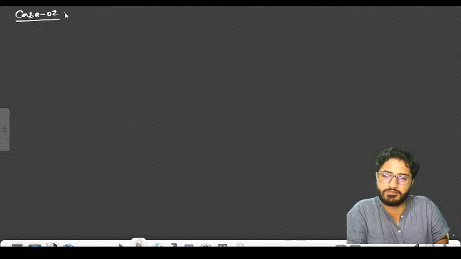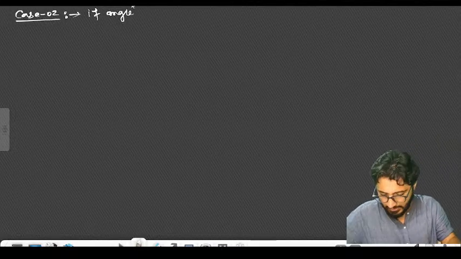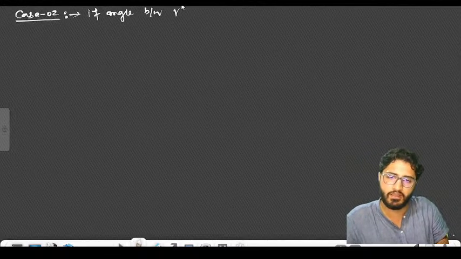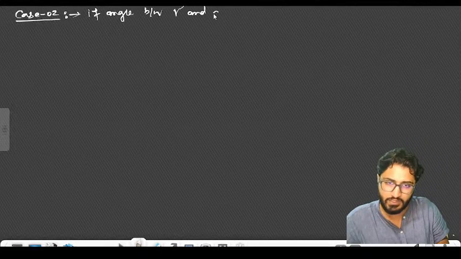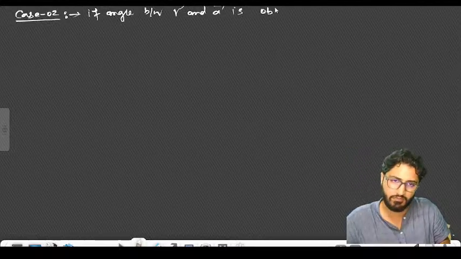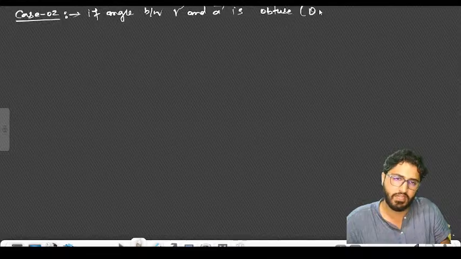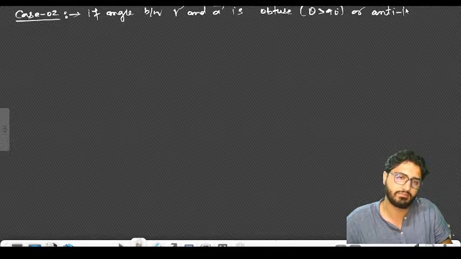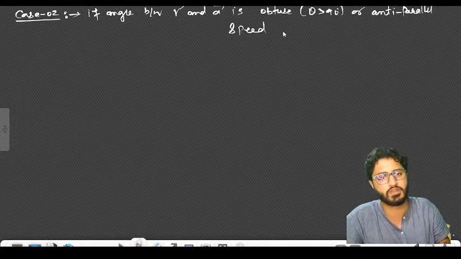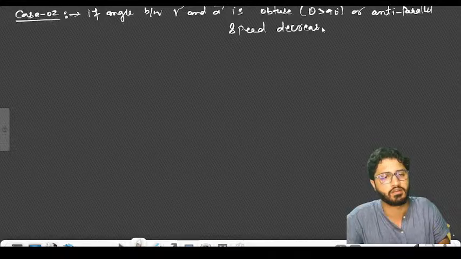Case number second. If my angle is more than 90 degrees, obtuse angle. If the angle between velocity and acceleration is obtuse, that means if theta is more than 90 degrees or anti-parallel, speed decreases.